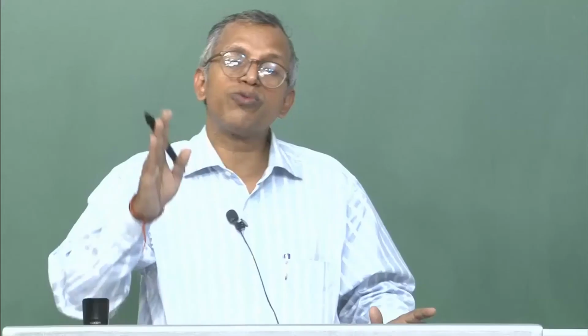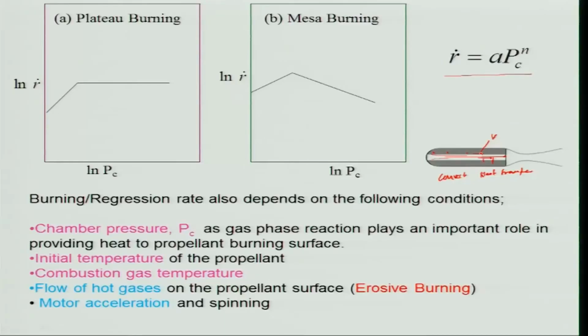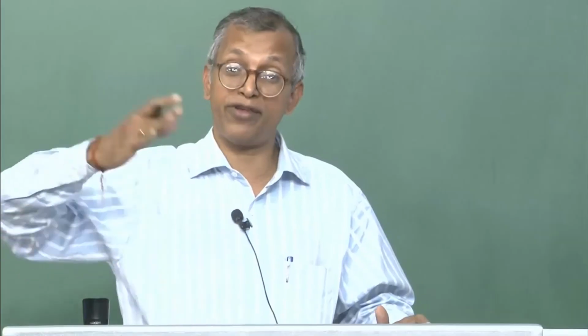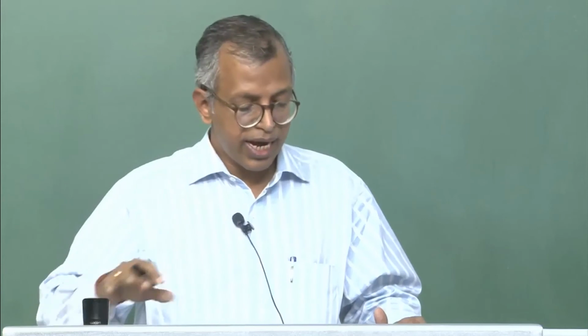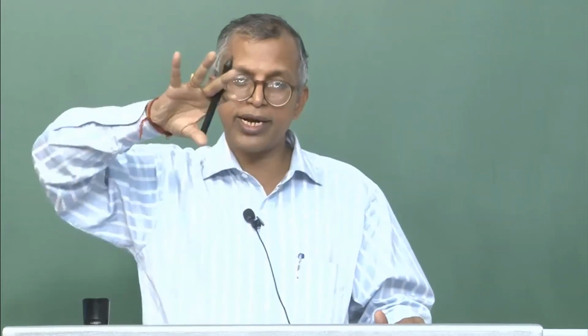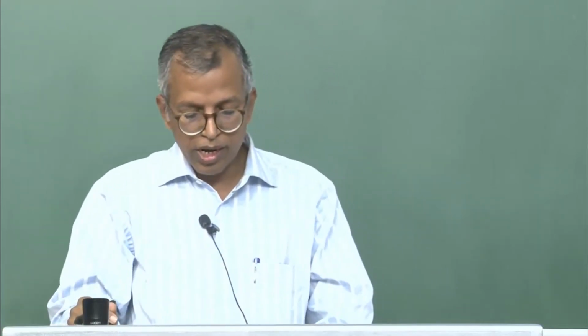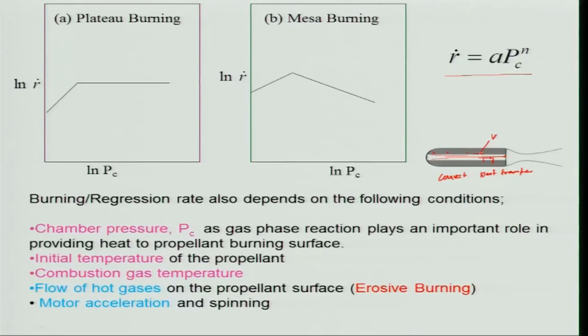So, therefore, that has to be conducted in actual rocket engines like what I have shown. And besides this, motor acceleration and spinning, for example, if the motor is accelerating, it will also be affecting the regression rate, right, and spinning, suppose it is moving and then taking a turn, that will also be affecting the rocket regression rate.